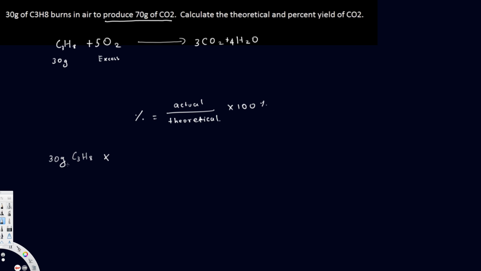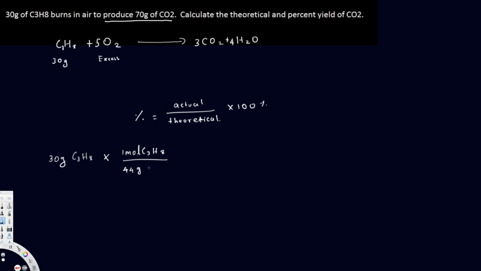So here we are going to have 1 mole C3H8 over the molar mass of this one, that is 44 grams. 44 gram per mole is the molar mass, so that goes in the bottom.